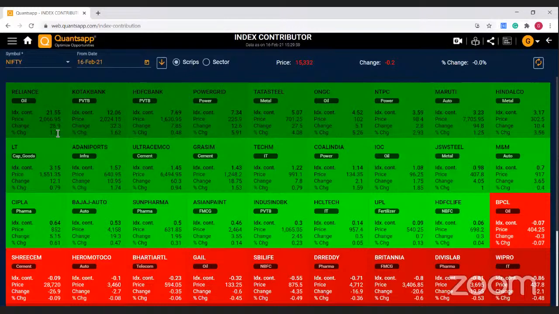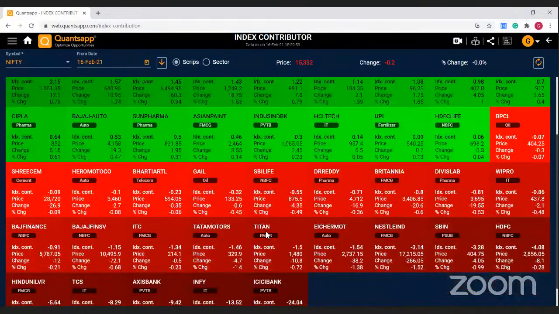One thing you should remember about the concept is that we take all the future prices. These are not the cash prices. So these are all the future prices, and the change in the future prices, which you are looking at here. Now, if you see green, that means it's a positive contribution. That stock is on the upside.